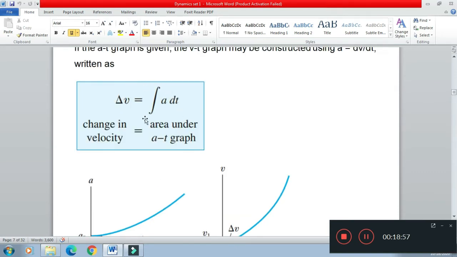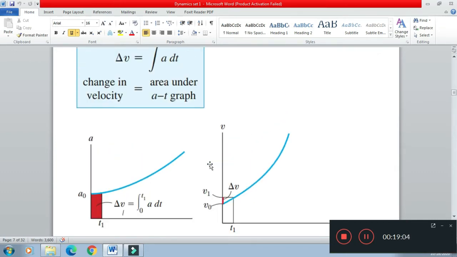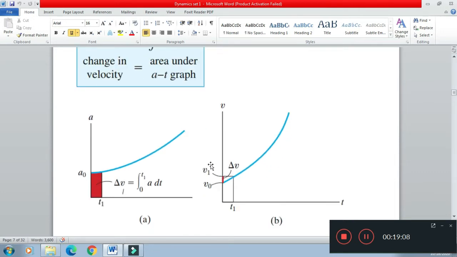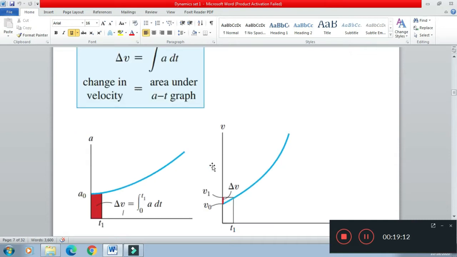For this plot, we have to assume the initial velocity, which is v0. That is, we assume that the initial velocity is known. If the initial velocity is known, then we can mark the second point, or we can mark the distance delta v.